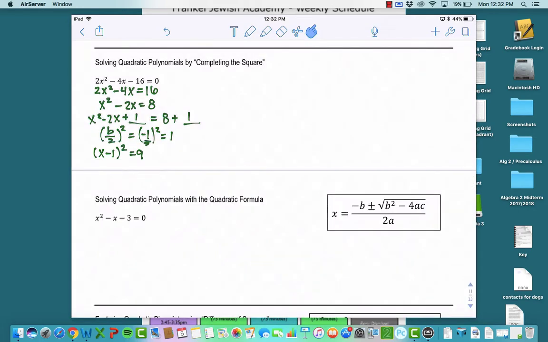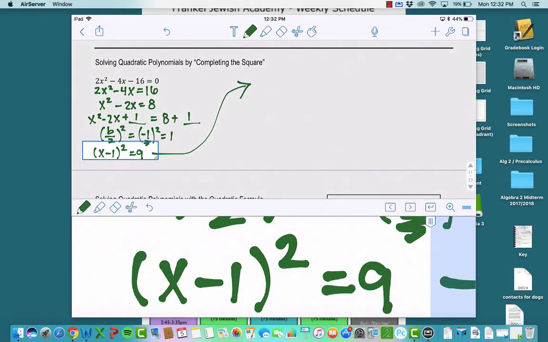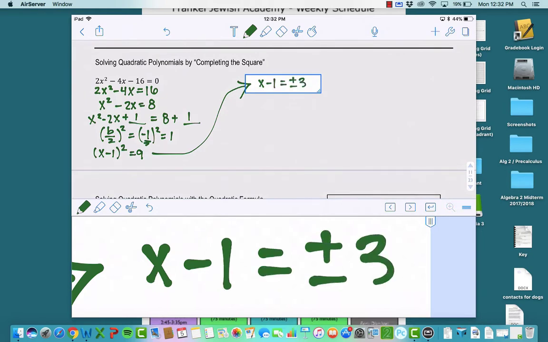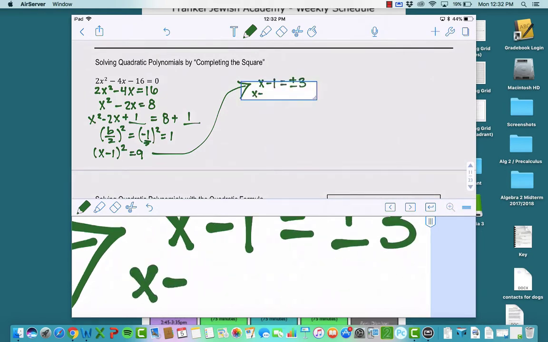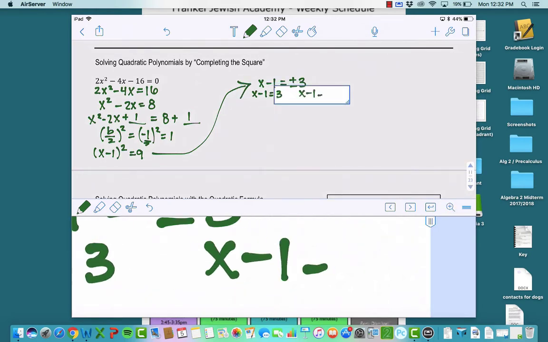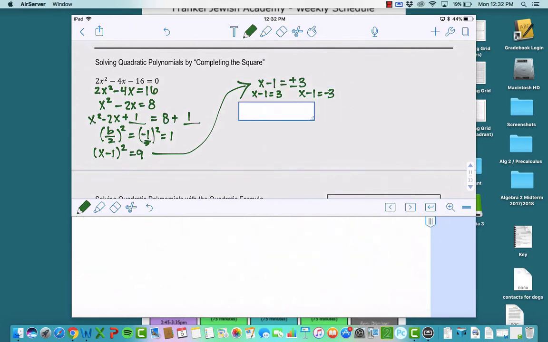Oh, we're going to get a nice number. Isn't that nice? You take the square root of both sides to get x minus 1 equals plus or minus 3. So x minus 1 equals 3. X minus 1 equals negative 3. So x equals 4.